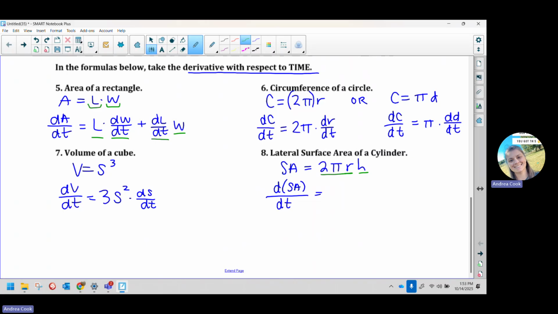So I think of it as this is one function and then the h is a separate function. You don't have to do it that way. I'll show you both ways. But the way I like to do it is I keep 2 pi r times the derivative of h with respect to time plus the derivative of 2 pi r, which is 2 pi dr over dt, times h.